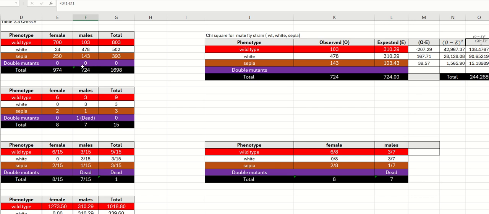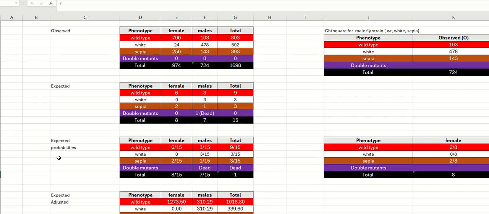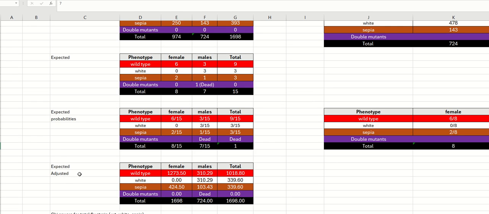You're going to use the total of males, with the total of proportions, and the total of females, and you're just going to have this total, which in this case is 8. So with the males you're going to have 3, 3, 1 and 7: 3 out of 7, 3 out of 7, 1 out of 7. That will be the expected data, the expected adjusted data.